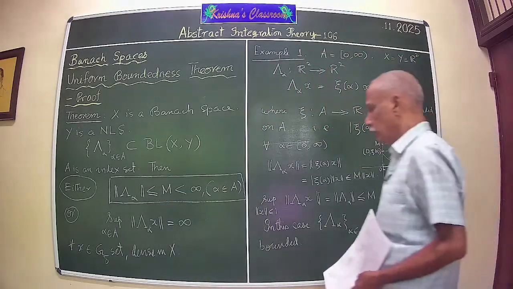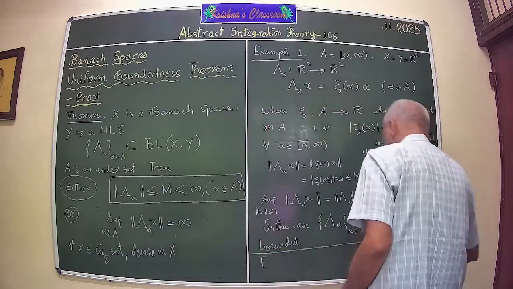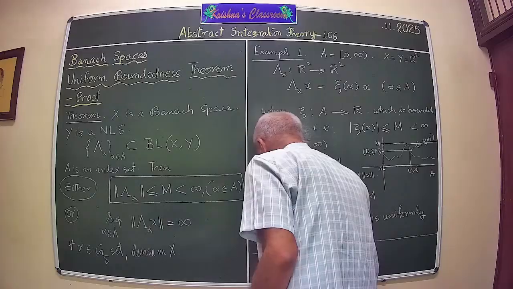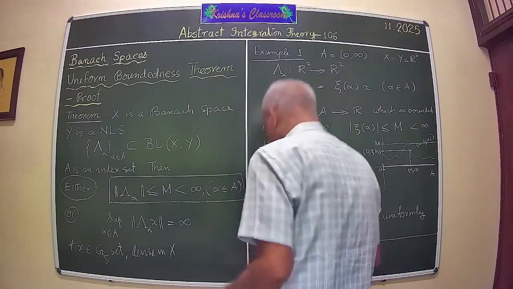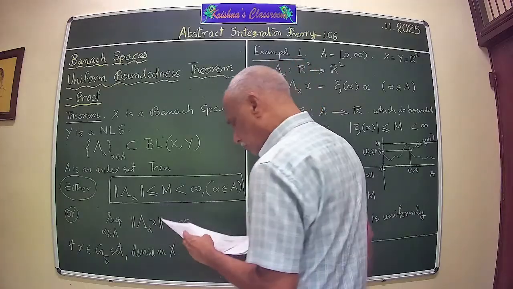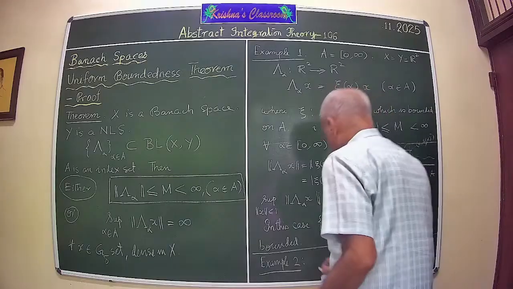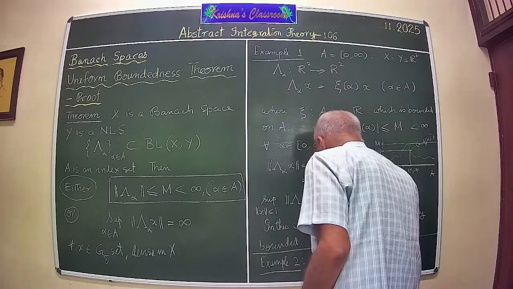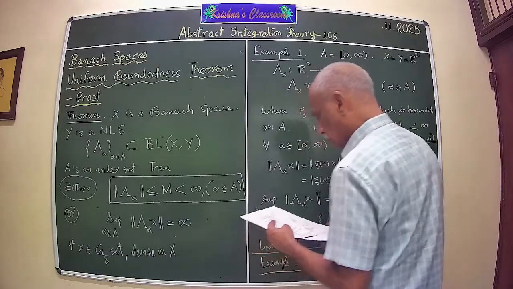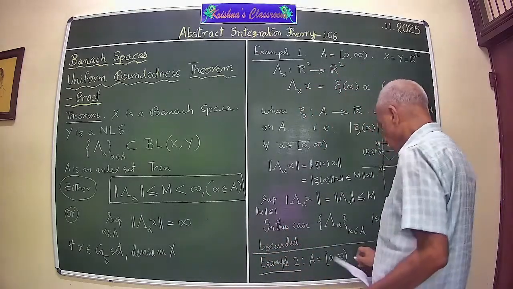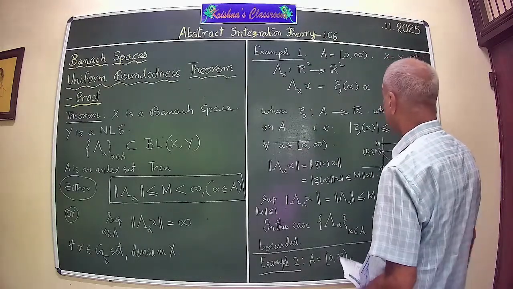So we take example 2. Again we take A to be the same, then we take psi alpha in this case to be alpha.